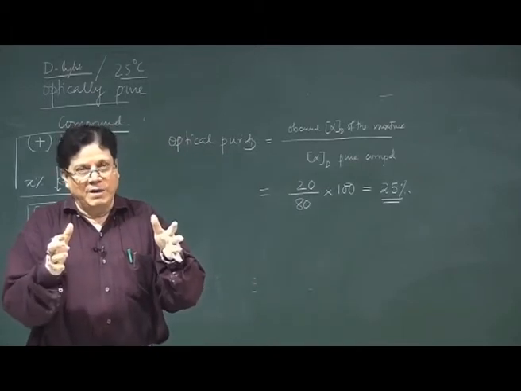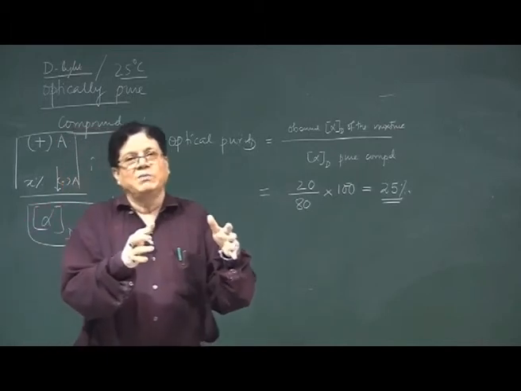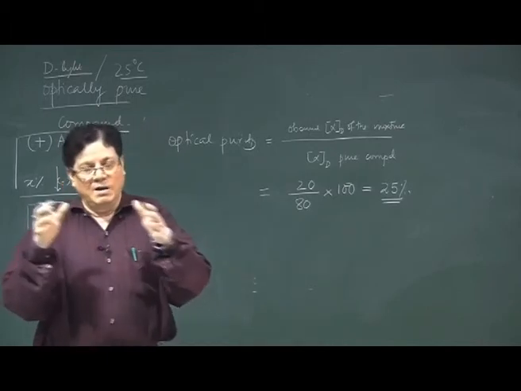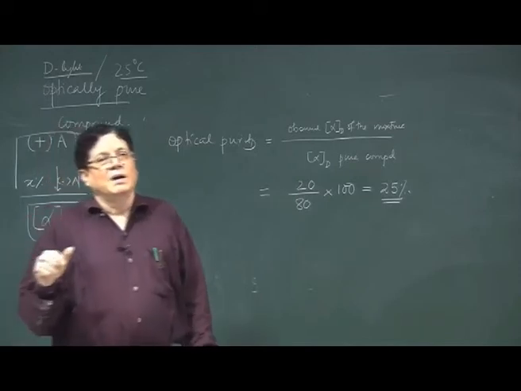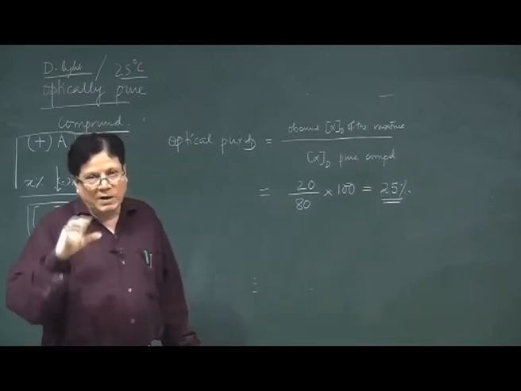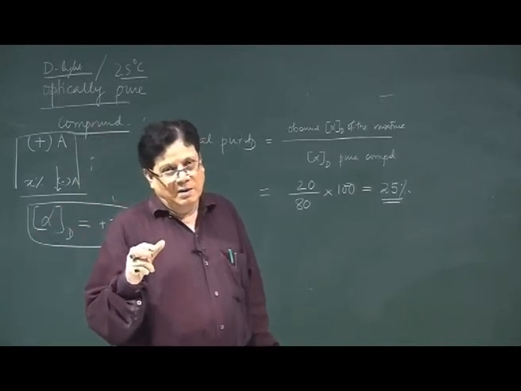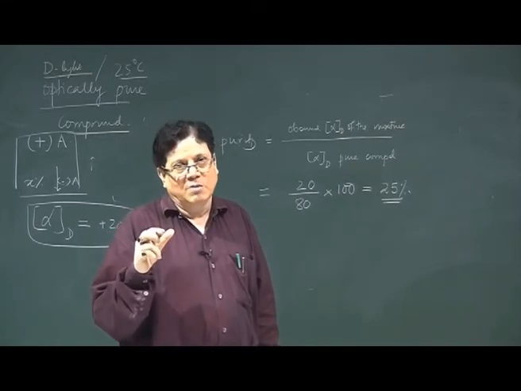In the rest 75, 37.5 is the plus A and 37.5% is the minus A. So, optical purity is the excess that you have over the percentage of racemic pair, and that is what is called percentage optical purity.